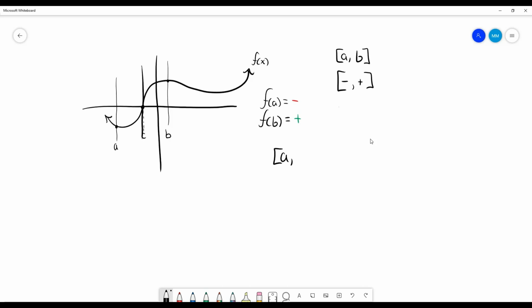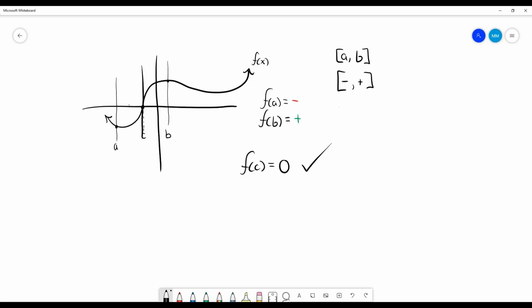That's a little tricky to show without using actual numbers here. But we cut that interval in half, and then we plug in f of whatever that is, and we hope that it gets a 0. If it does get a 0, good, done. We found our 0.